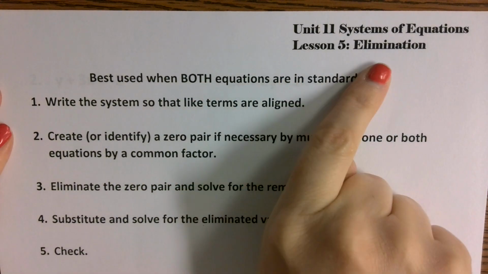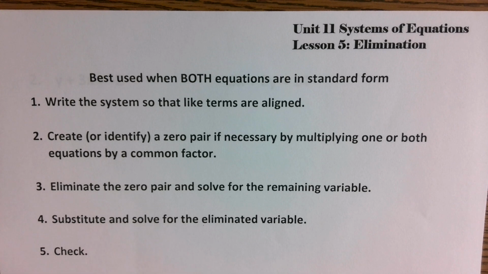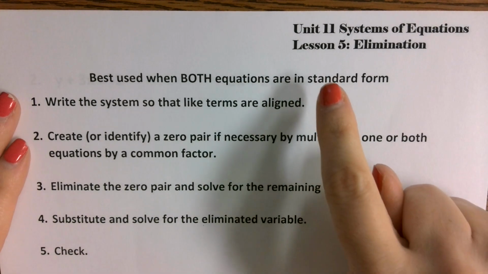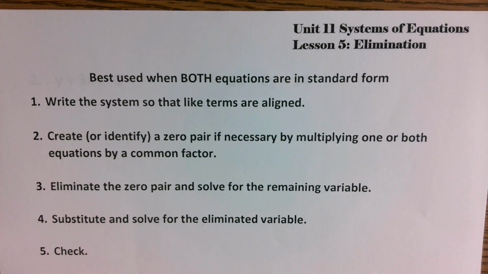But here, elimination is best used when neither one of your equations are solved in y equals format or x equals format, or if they're both set up in standard form, being that ax plus by equals c, and we'll write that above here.